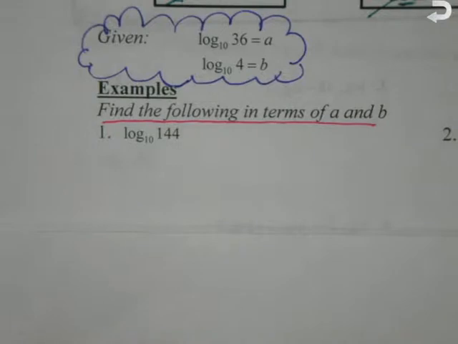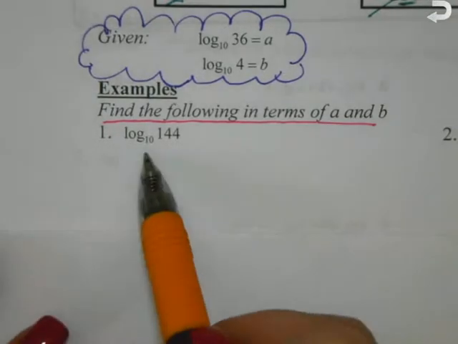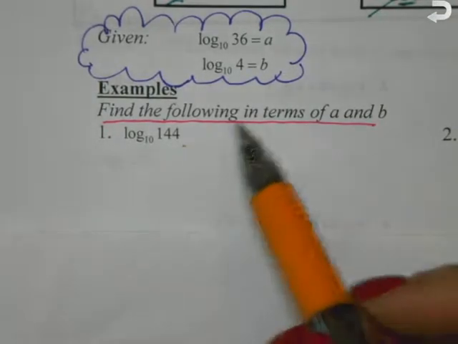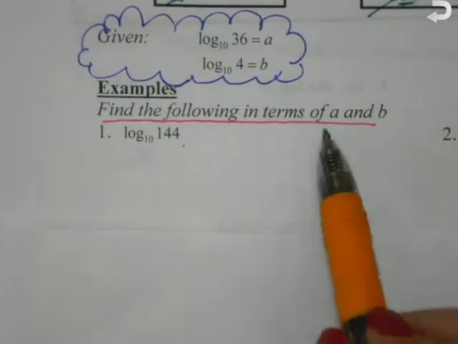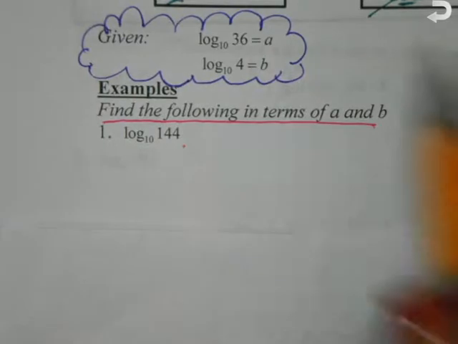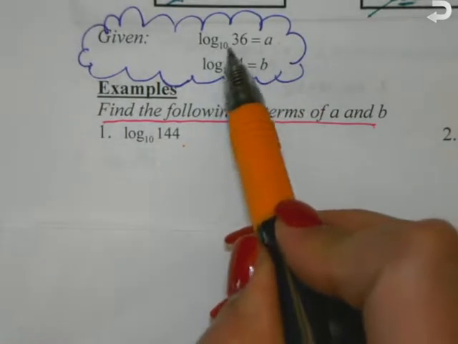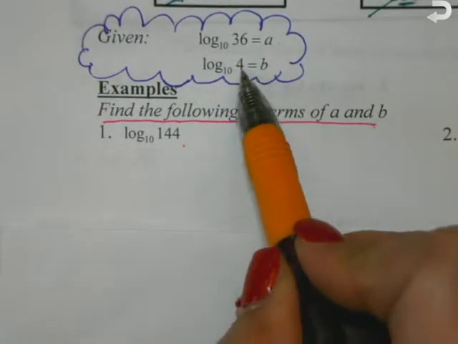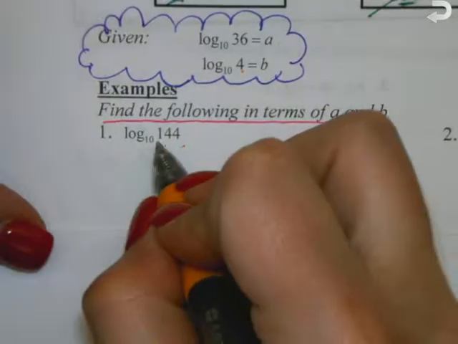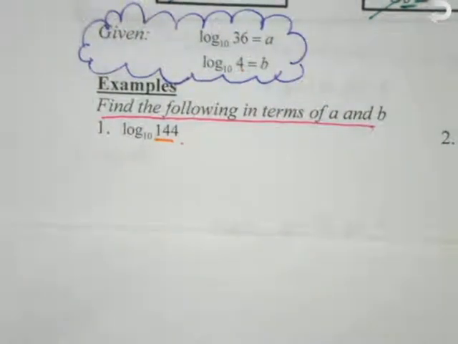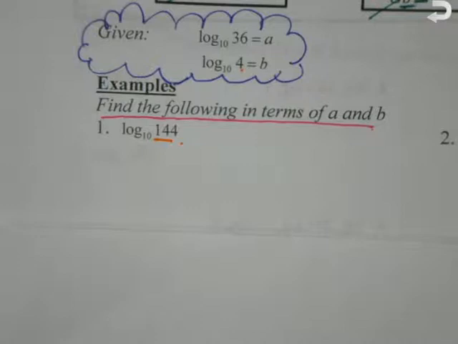Okay, so first problem. Okay guys, first one, we have log base 10 of 144. Now, I told you at the very beginning that I want our answer to be written only in terms of A and B. And we know that A is log base 10 of 36 and B is log base 10 of 4. So we're going to try and rewrite this log so that it's only in terms of 36 and 4.